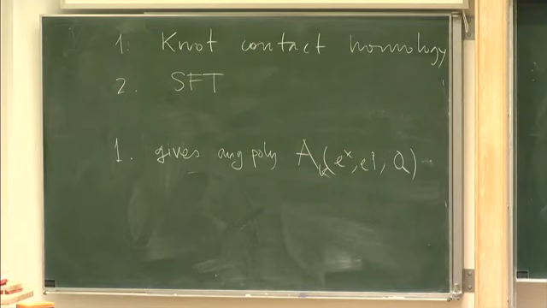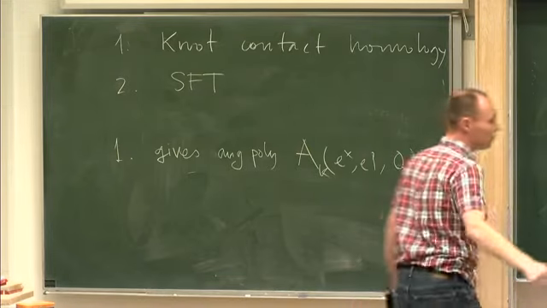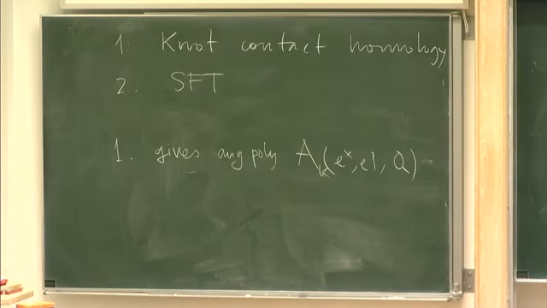It's not quite true. If you know this one, you can also compute, and then you find that when you take the limit, you get that one plus some junk.